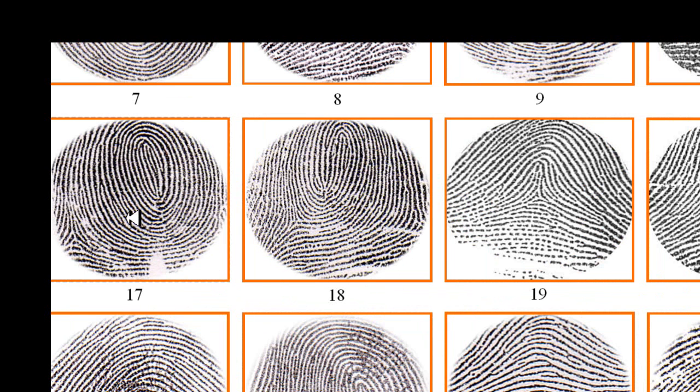Now I'm calling attention to 17, 18, 19. Again, this should be very clear to you that we do not have ridges rising on one side and returning to the other. 17, 18, and 19 do not have that. 19 is considerably different from 18, but the ridges appear to start on one side, and some of them rise and return, but in the very center we see something else going on, where the ridges are coming in and making a pointed direction.